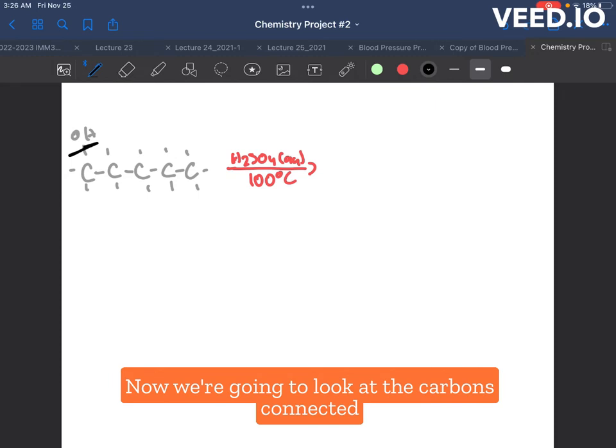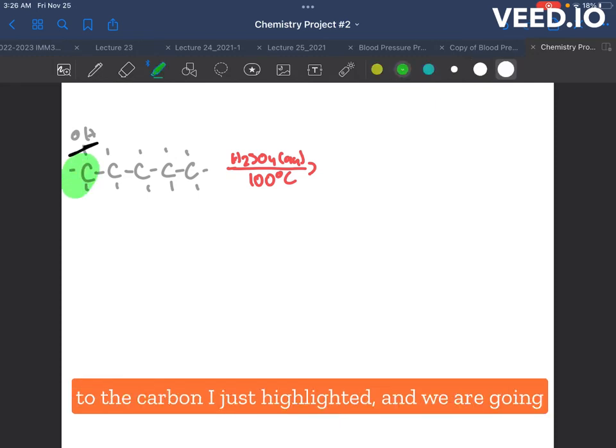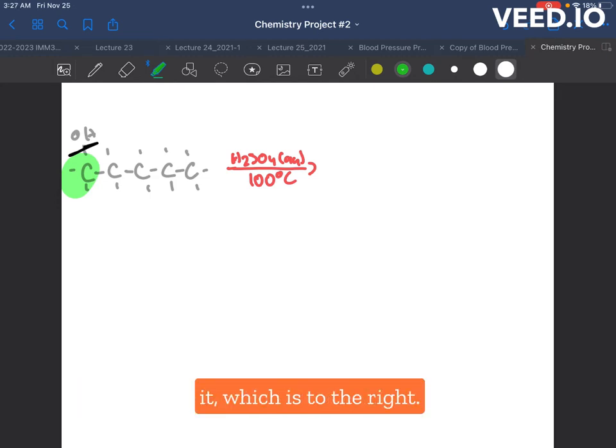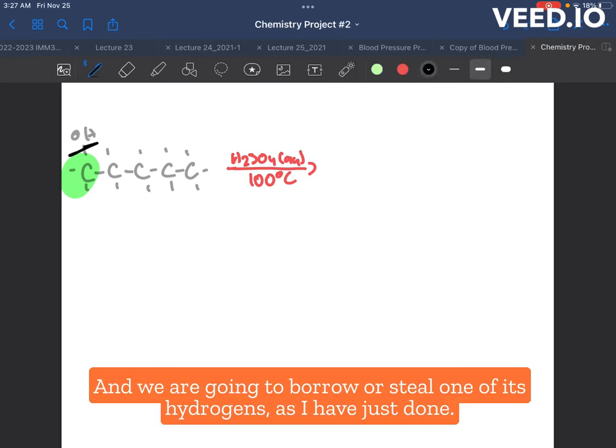Now, we're going to look at the carbons connected to the carbon I just highlighted, and we're going to realize that there's only one carbon connected to it, which is to the right. And we are going to borrow or steal one of its hydrogens, as I have just done.